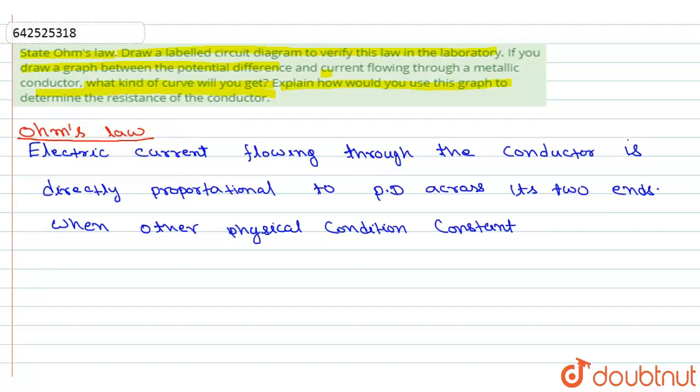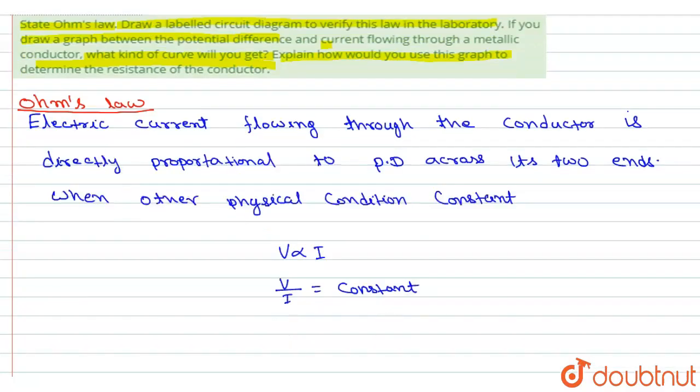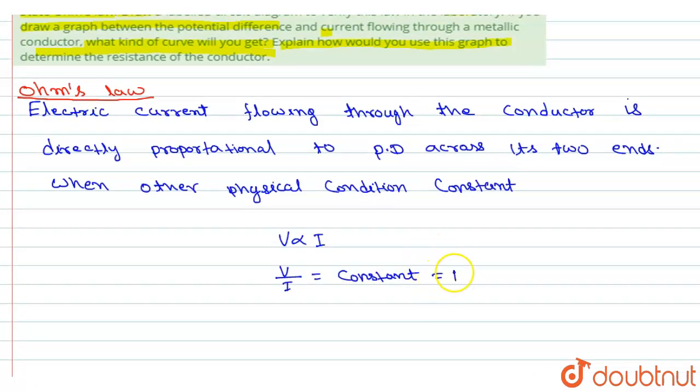Now according to this statement, V is directly proportional to I. From here we can write V divided by I is equal to a constant, and this constant is equal to R. So V is equal to IR, where V is the potential difference, I is the current, and R is known as the resistance.